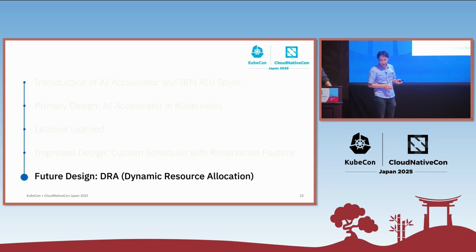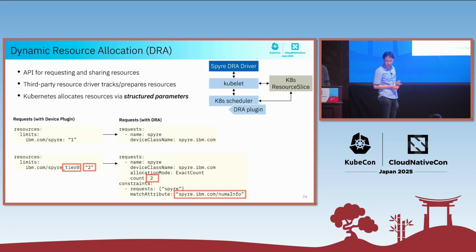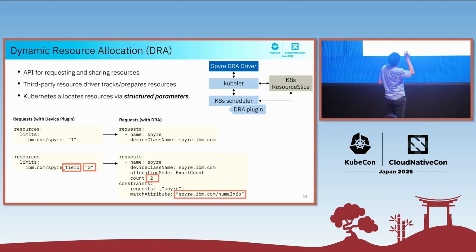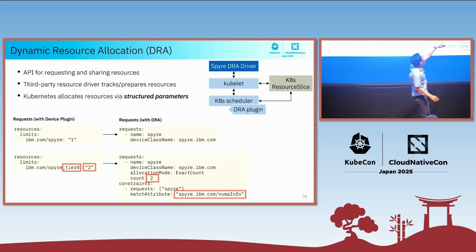So as a last section, let me introduce the future design, DRA, or Dynamic Resource Allocation. DRA consists of an API and scheduler plugin specific code for DRA purposes.